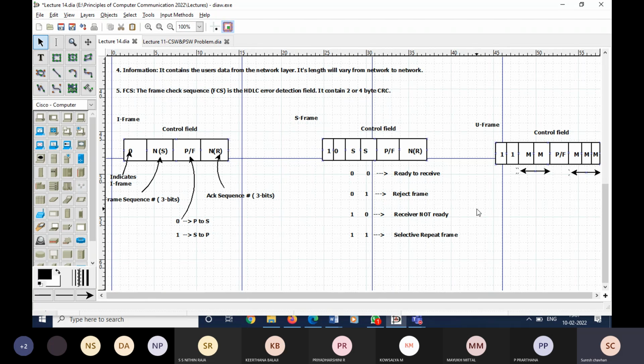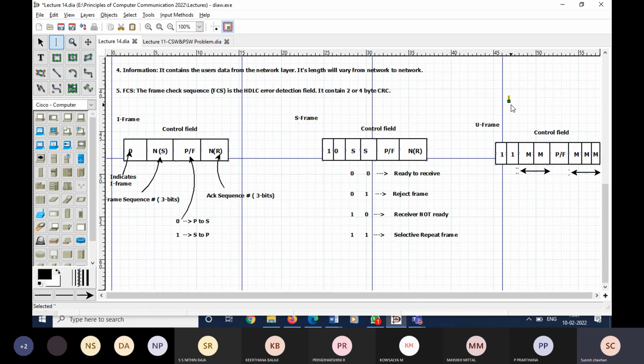So unnumbered frames are used to exchange session management and control information between the connected devices. Unlike the S frame or the I frame, the U frames contain system management information, but not the user data. That is a very important thing.